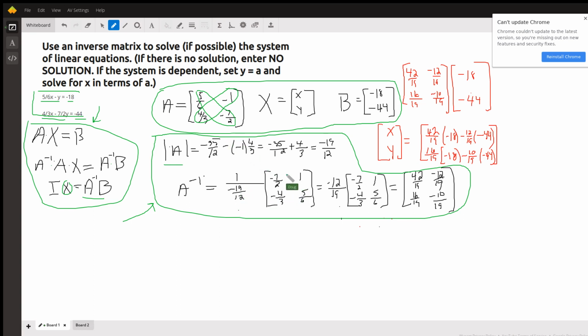And then to get the matrix part for the inverse, we interchange along this diagonal. So 5, 6 moves to here, negative 7 moves to here, and we take the opposites along this diagonal. So negative 1 becomes 1, 4/3 becomes negative 4/3.